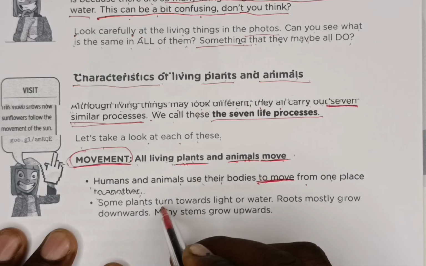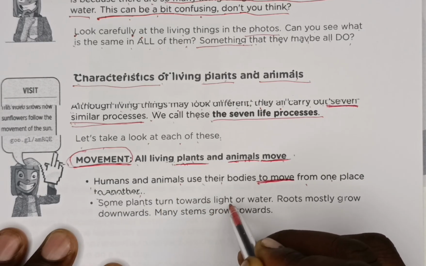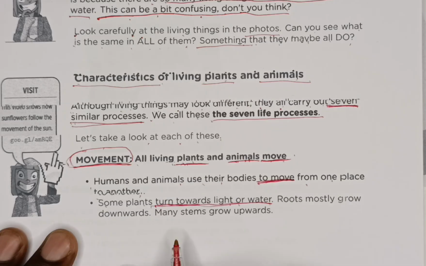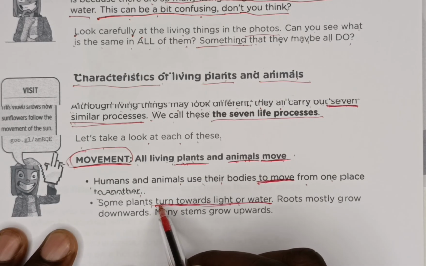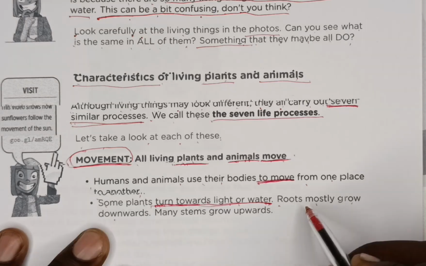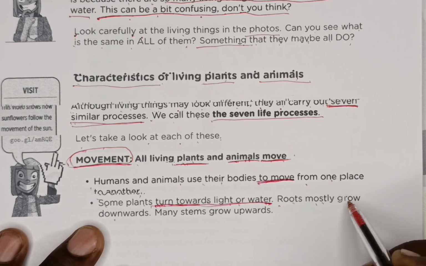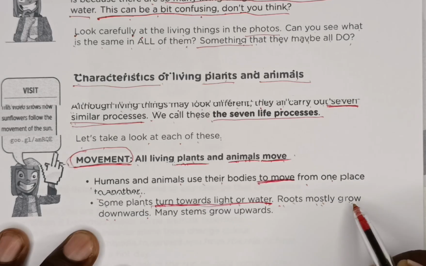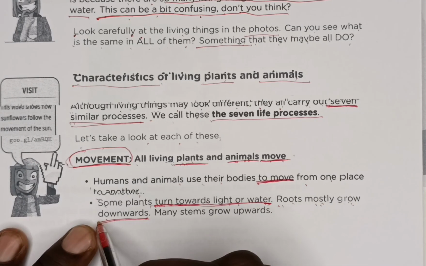Some plants tend towards light or water. So plants are able to turn towards sunlight or water. Roots mostly grow downwards.